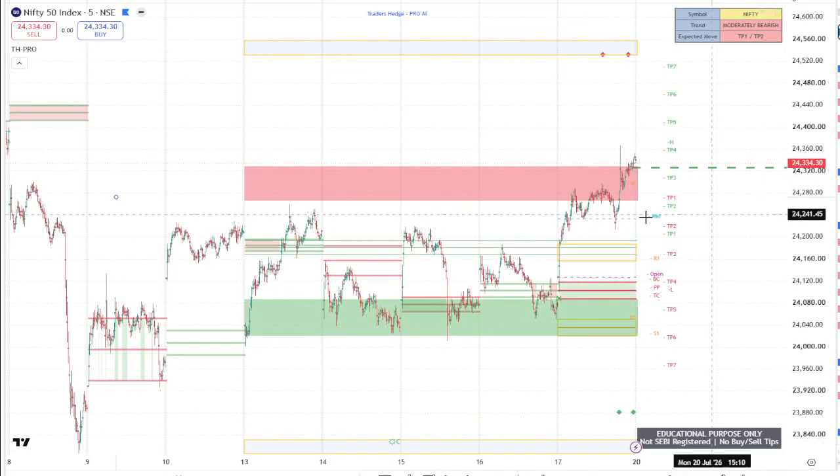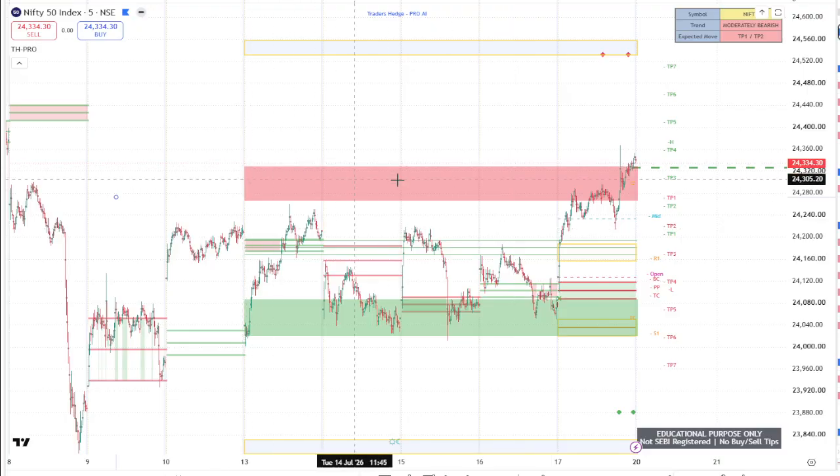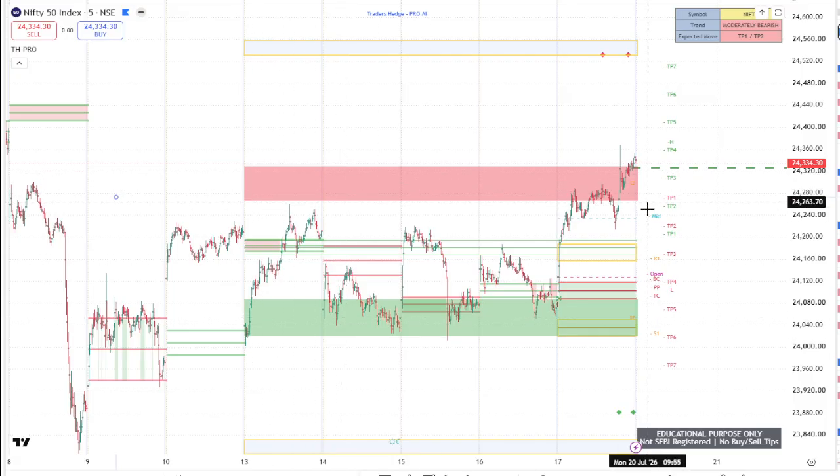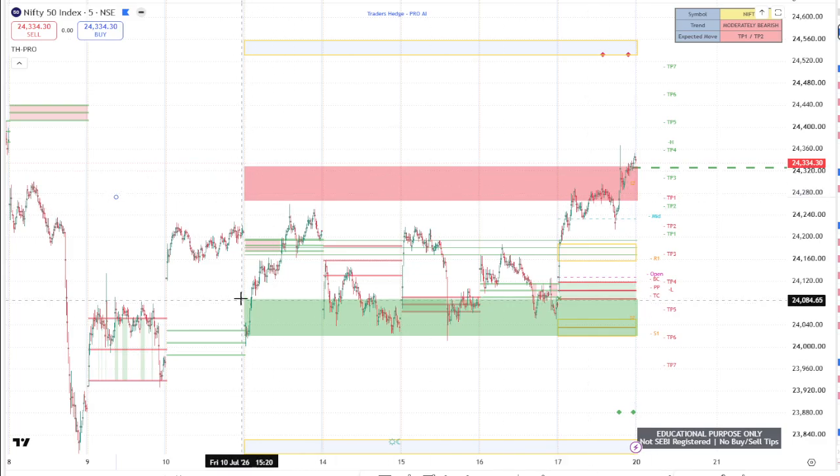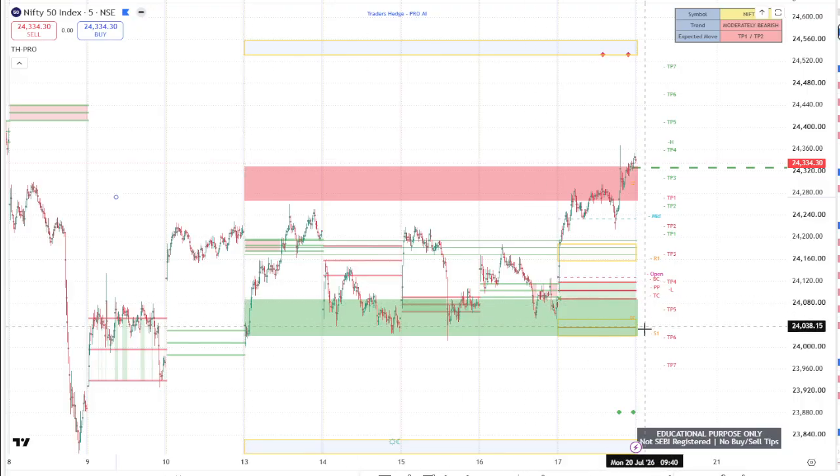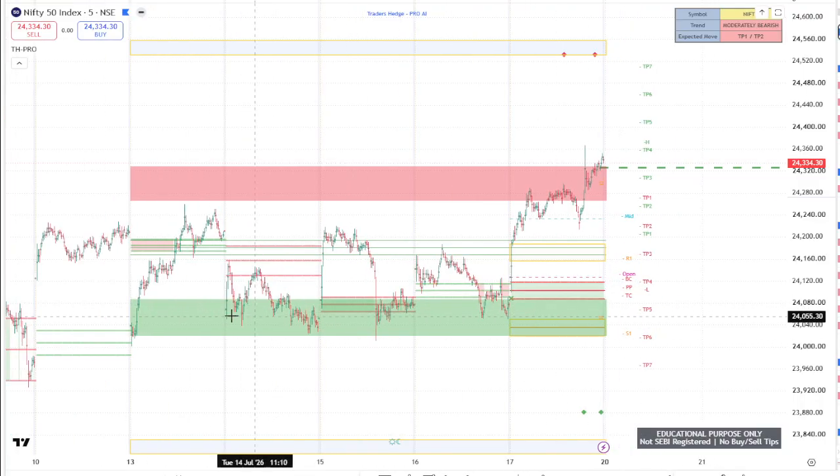By default in AI mode, if there is a red band, it is a bearish band, a resistance band where the supply is. And by default, if it is a green band, it is a support band where your demand is, where your buyers are, and this is where your sellers are.